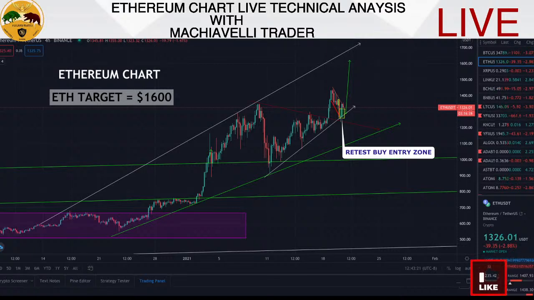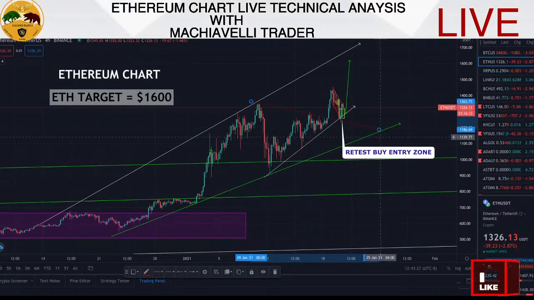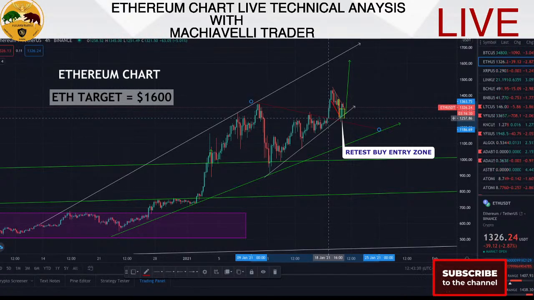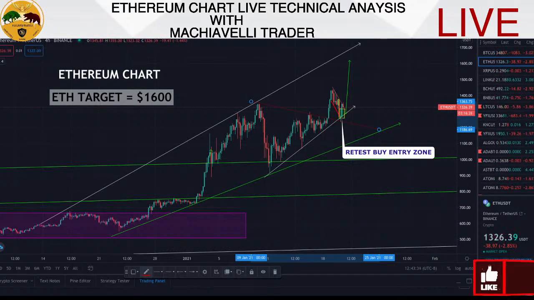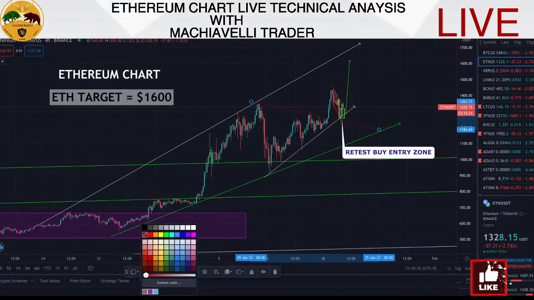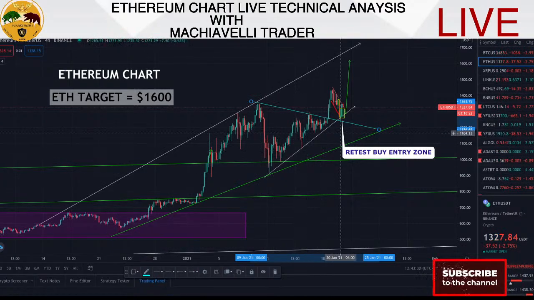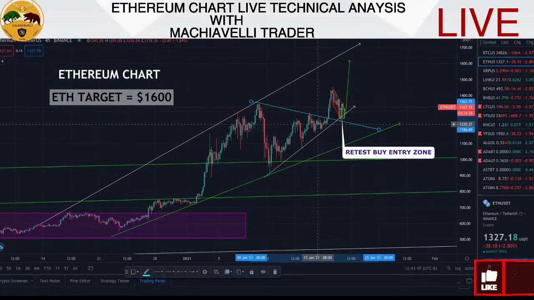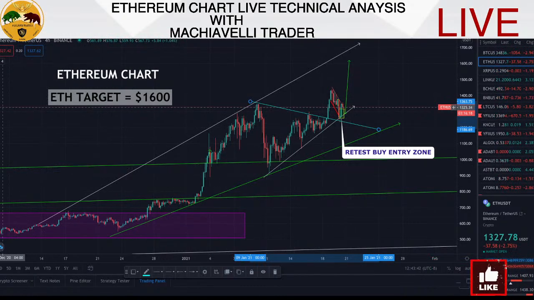We can see that we have a clear breakout on Ethereum to the upside on the 18th, and today we successfully had a retest of that breakout. This is the breakout, right? This is the resistance that was clearly broken to the upside right here.